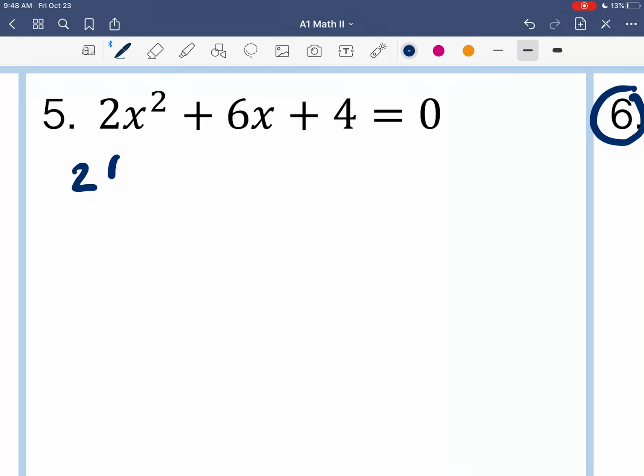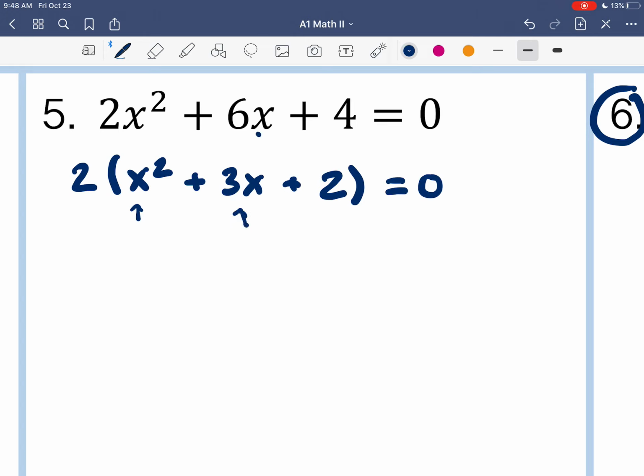So one of our steps on the previous page is that we factor out the greatest common factor. And so I just did that, right? I pulled a 2 out front of this, and what I have left is an x squared, because 2 times x squared makes 2x squared, and a 3x, because 2 times 3x makes 6x, and then a 2, because 2 times 2 makes 4.